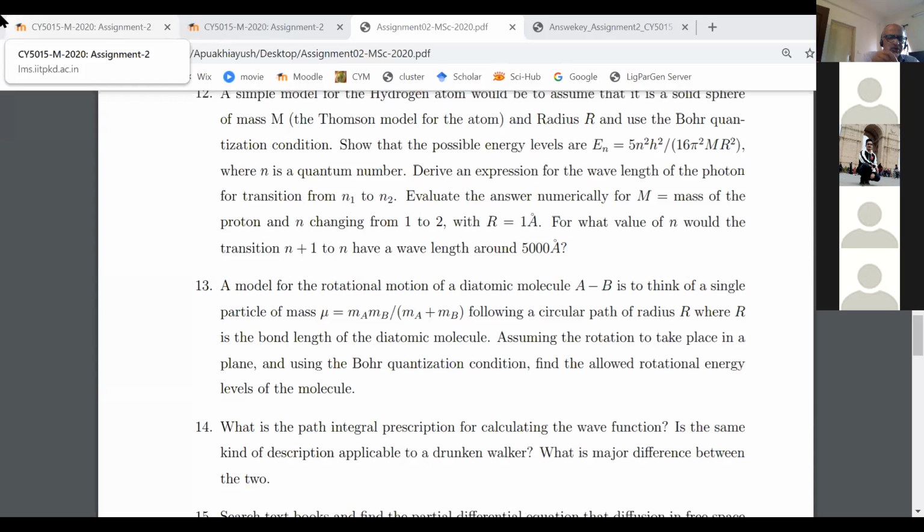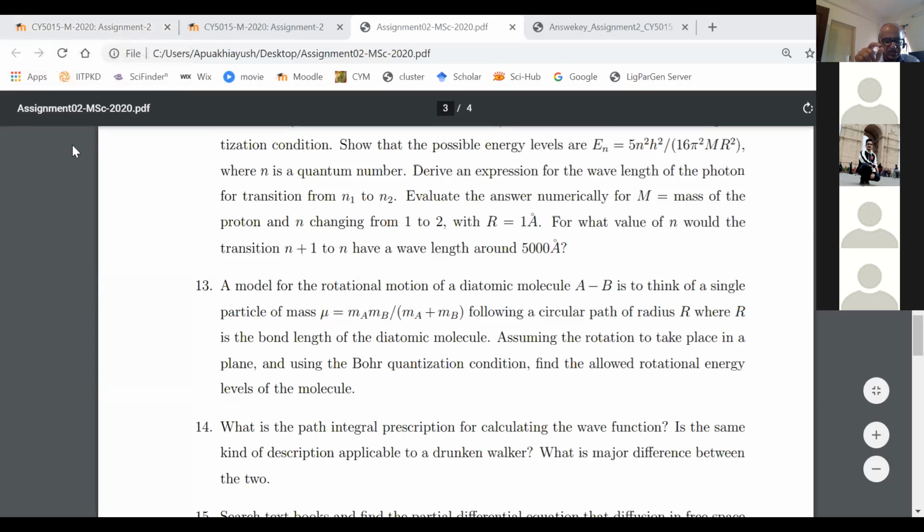So therefore, rotational motion of a diatomic molecule, which actually has two particles, is equivalent to the rotational motion of a single particle of mass which is equal to the reduced mass of the molecule. And the distance of that particle from the origin being equal to the length of the diatomic molecule. This is something that hopefully will be discussed in spectroscopy as you go in further detail.